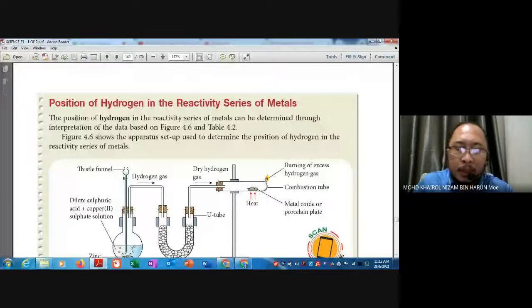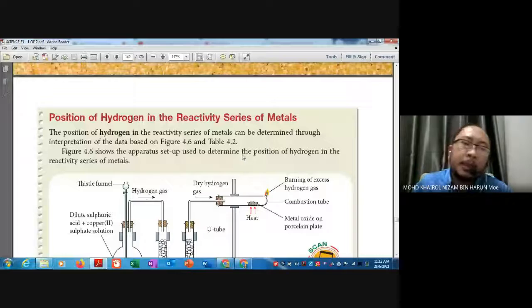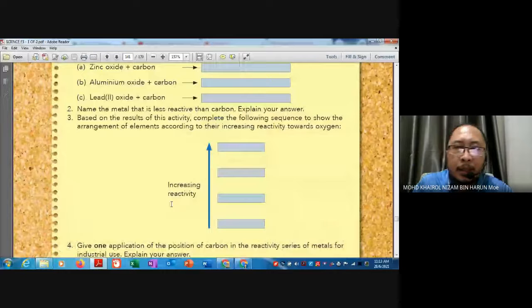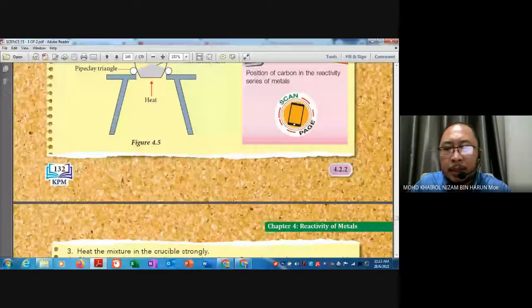For these two experiments, you have to try to understand and remember the procedure on how to conduct them. This is very important for you, because it is always asked in the questions. The syllabus gives important concepts for constructing the reactivity series of metals.